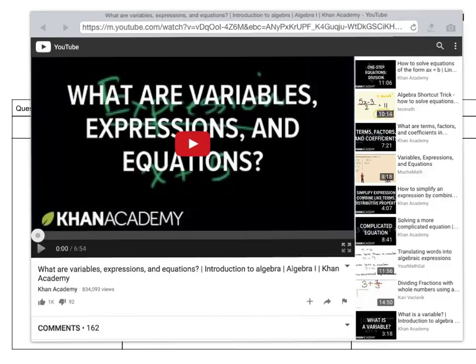If we change the values, if we said x is equal to negative 2 and y is equal to 3, then this expression would evaluate to negative 2. That's what we're going to substitute for x now in this context. And y is now 3, negative 2 to the third power, which is negative 2 times negative 2 times negative 2, which is negative 8. Negative 2 times negative 2 is positive 4, times negative 2 again is equal to negative 8.